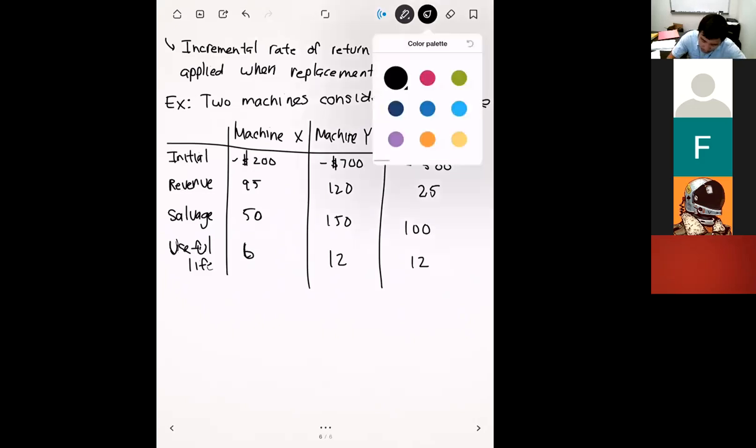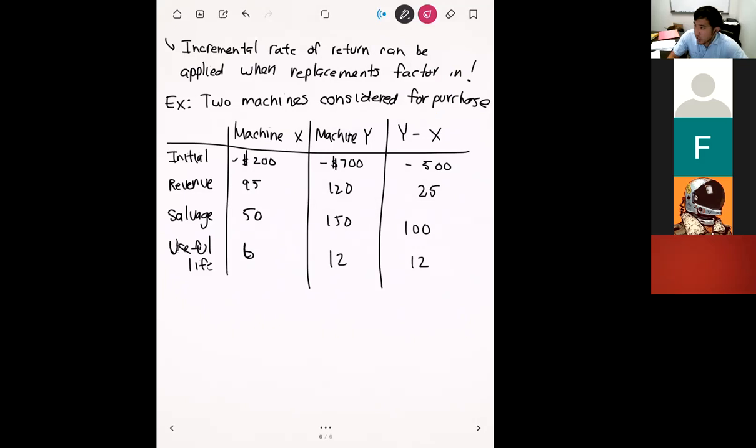And so just like we did with the last example, we're going to use incremental rate of return analysis to determine which machine we should buy.